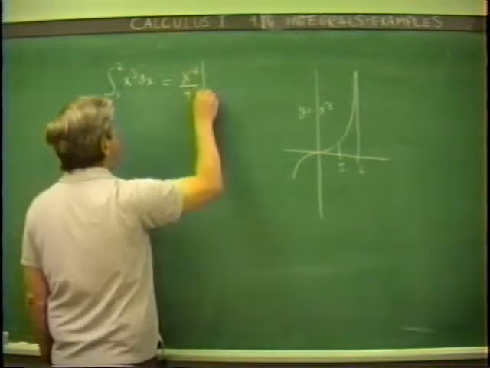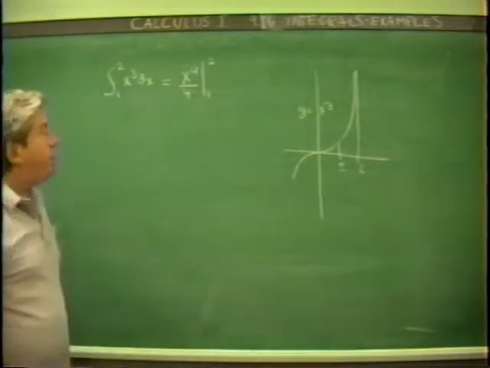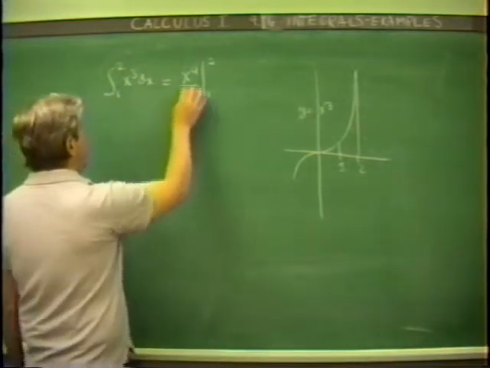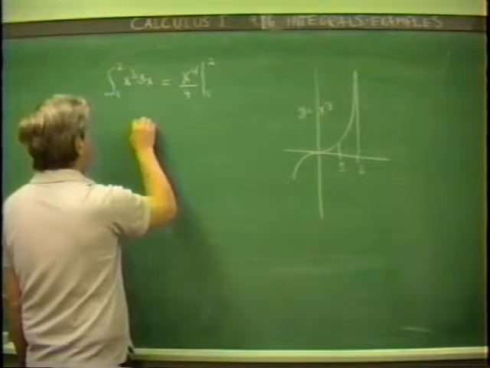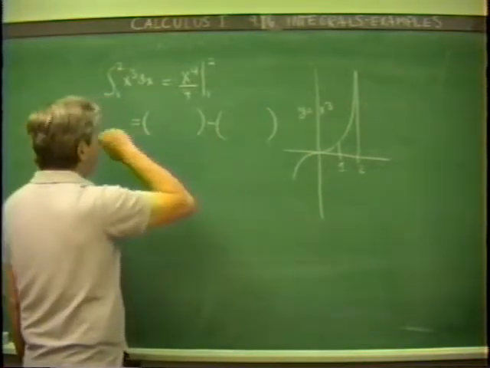The antiderivative of x cubed is x to the 4th over 4. We don't need to put the constant of anti-differentiation here because we're going to evaluate this from 1 to 2. That's to say we're going to take the value at 2 and subtract the value at 1.